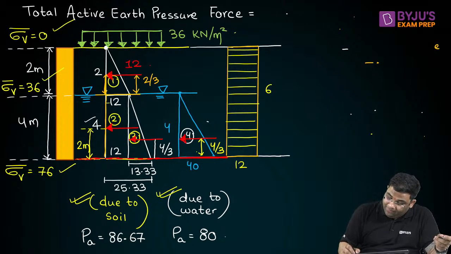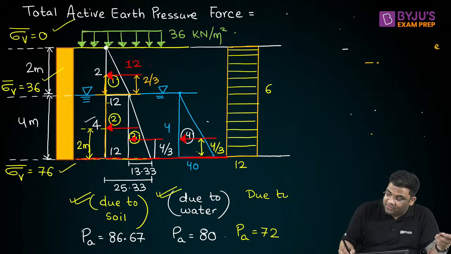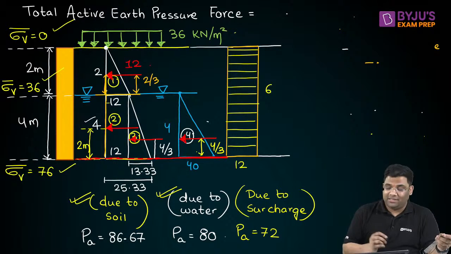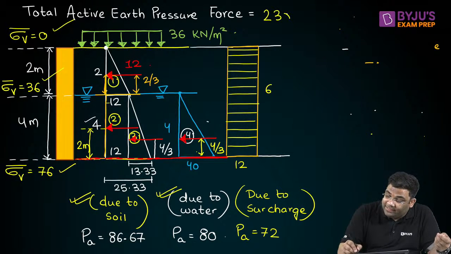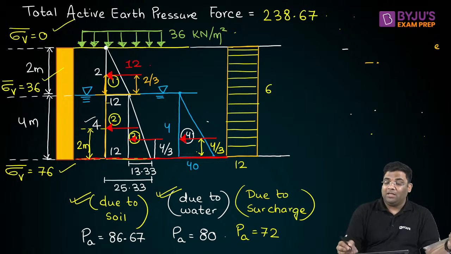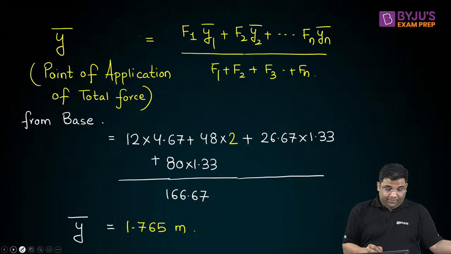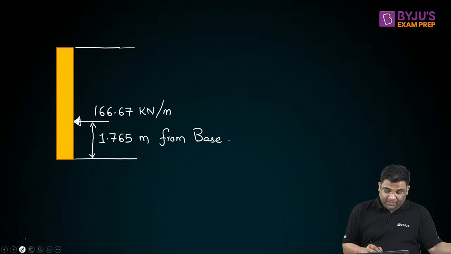So I can say here PA is equal to 72. This is due to surcharge. So what you will do now? You will just add it. So 86.67 plus 80 plus 72, that is how much? 238.67. So this brings us to an important conclusion.